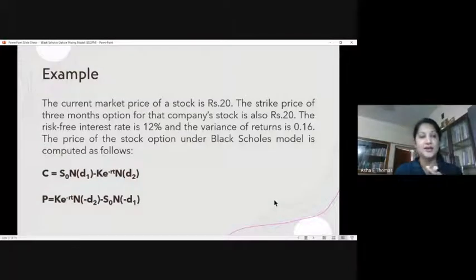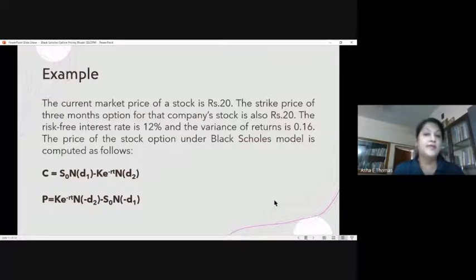So let's see, and I have just put the formula which we had discussed in our last class here, where we know that S naught is the spot price, and N of D1 is nothing but the value we get from the cumulative normal distribution, which we are going to see, as we had already done that in your statistics.